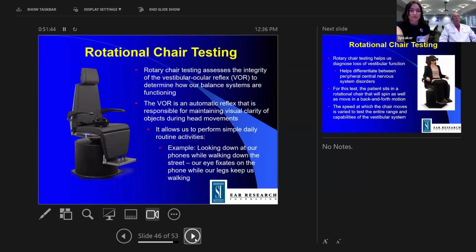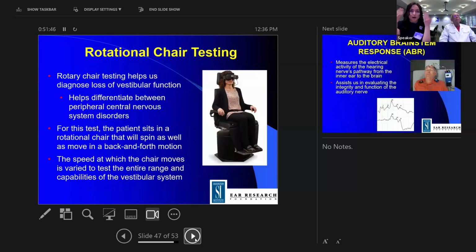When we do that type of testing, we'll keep the cover over the goggles so you won't see anything. Then we'll rotate the chair very slowly and we'll change the speeds so that we can see how your eyes are moving at those different speeds. This helps us figure out if there's any kind of loss or weakness in one or the other of your ears, and we'll change up how the chair moves.